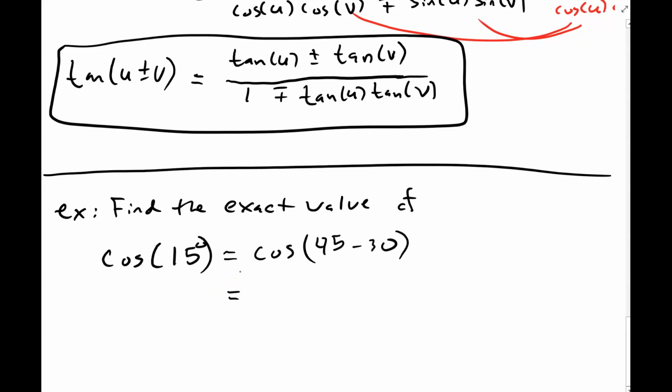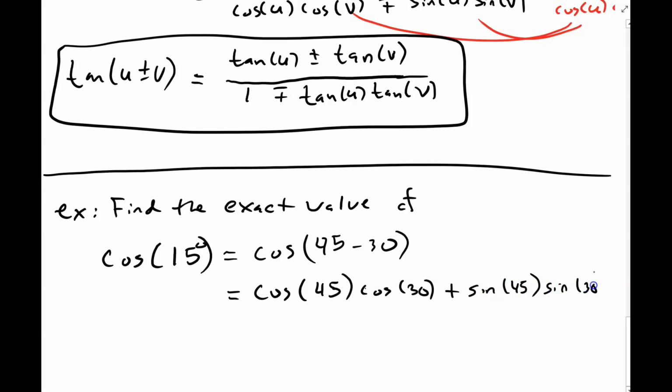I can now use my angle difference formula for cosine. That's going to turn into cosine of 45 times cosine of 30 plus sine 45 times sine 30.